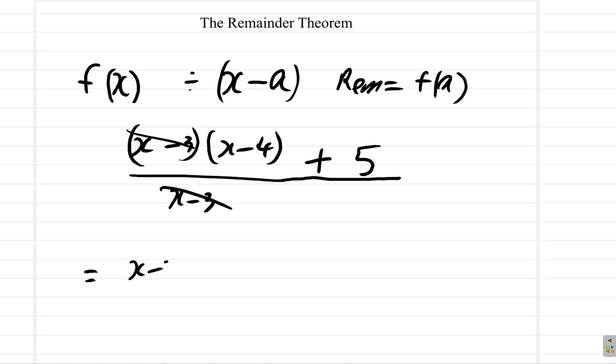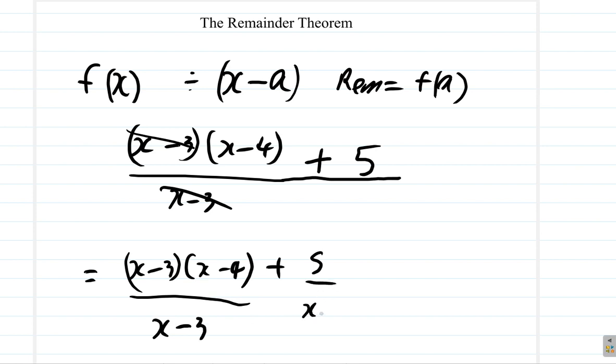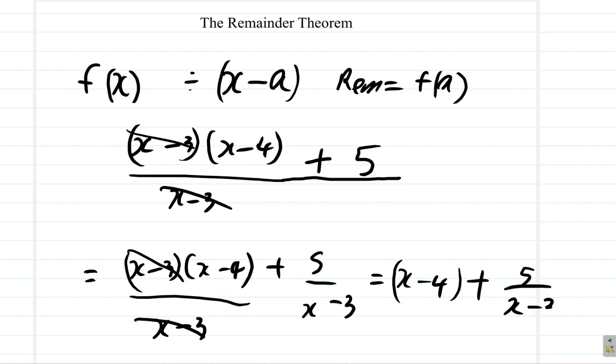You'd have x minus 3 times x minus 4 plus 5. Each of them separately can be divided by x minus 3. See that? And x minus 3 cancels x minus 3, so you have x minus 4, plus 5 divided by x minus 3.